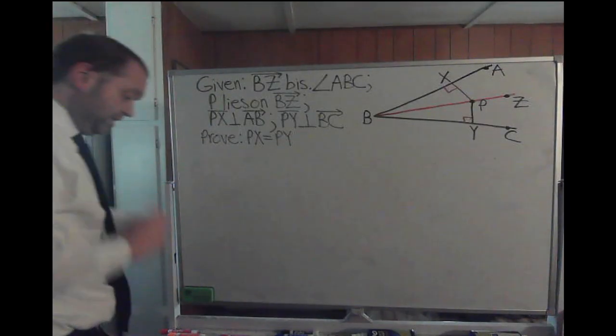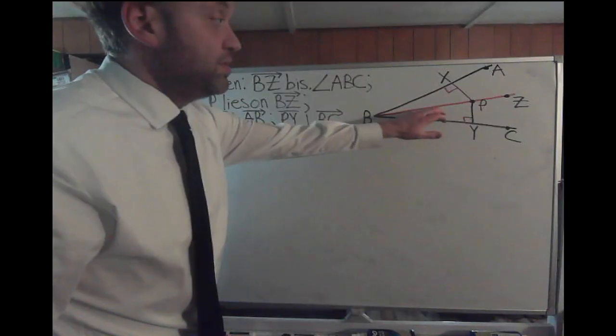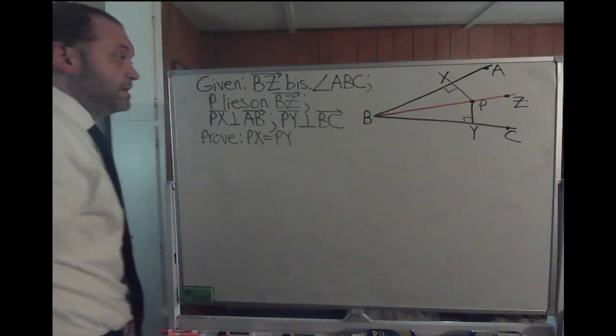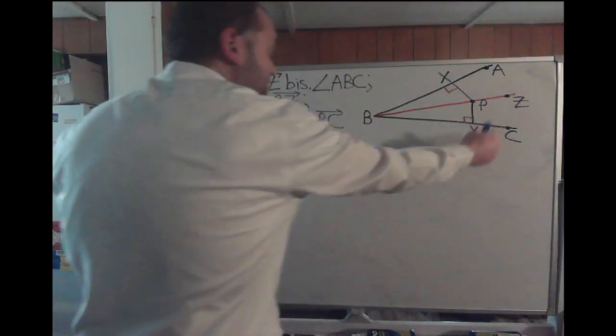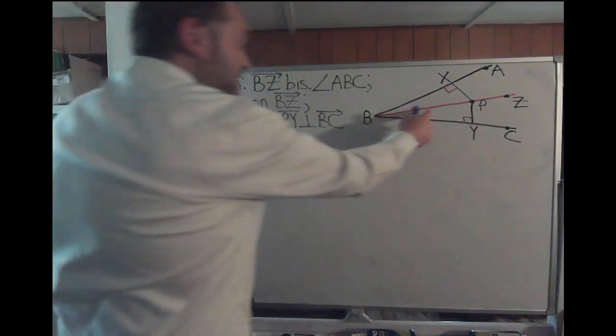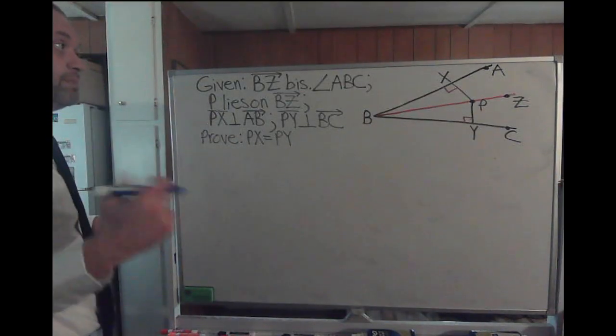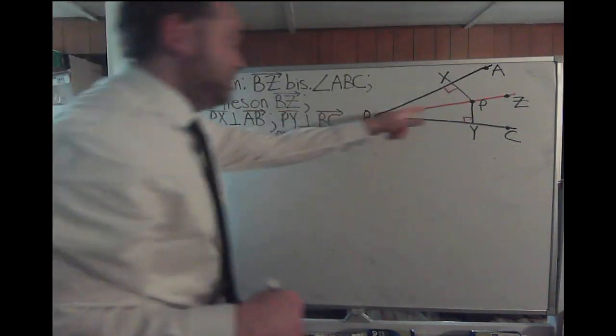Alright, so ultimately here, we're given this nice diagram with an angle bisector. We're trying to find the distance between P to AB and P to BC. We're given that ray BZ bisects angle ABC. We're given that P lies on ray BZ.